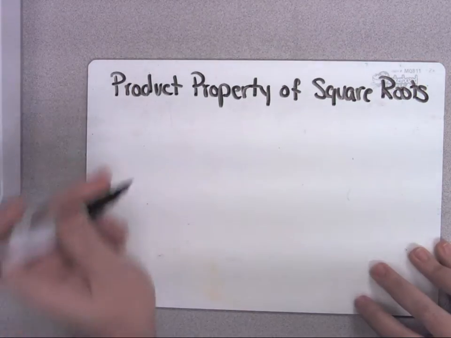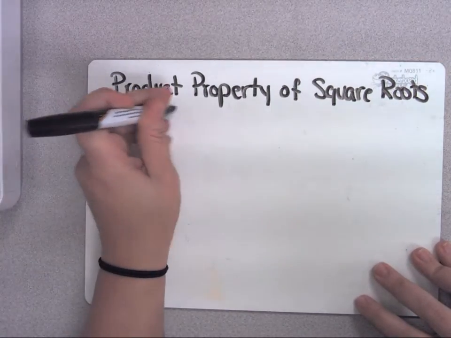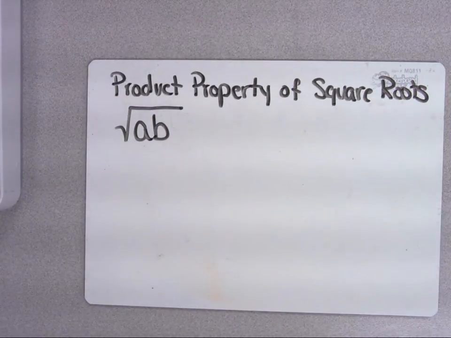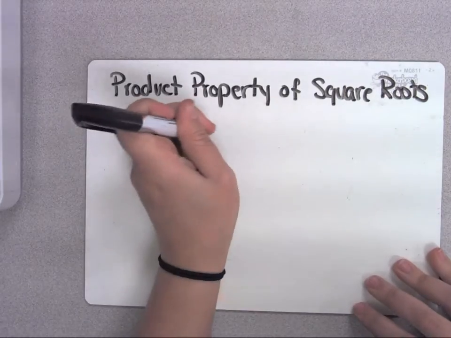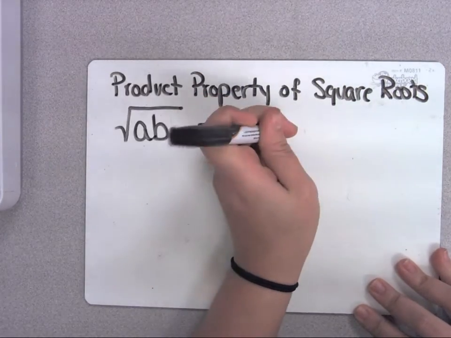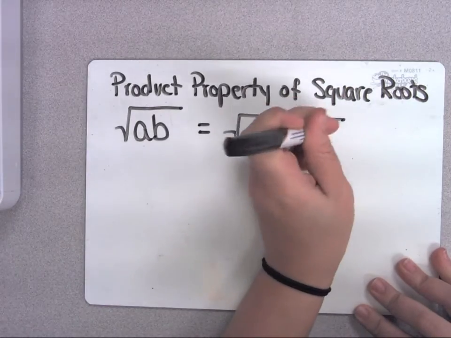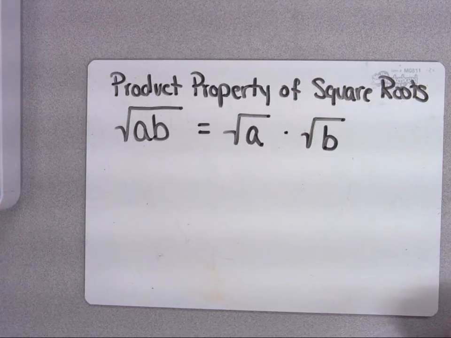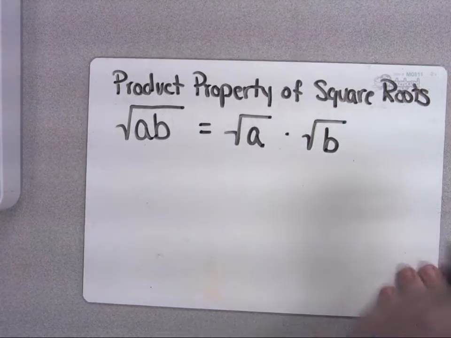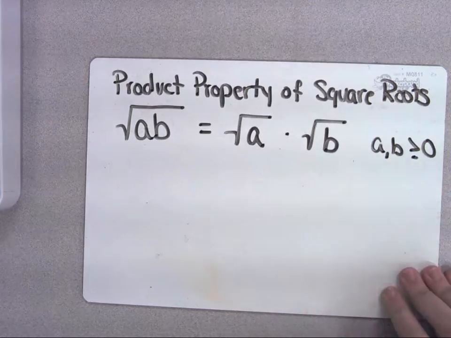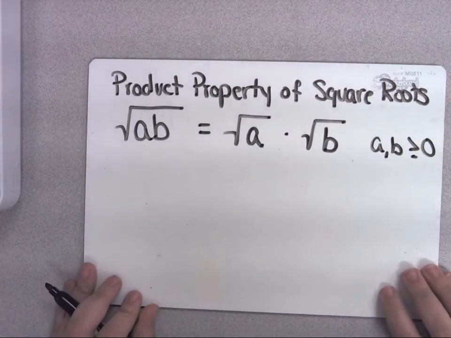What this means is if we have the square root of AB, a bigger number or two things multiplied together, we can rewrite that as the square root of A times, separately, the square root of B. So we can break a big number down into two separate ones, as long as A and B are greater than or equal to 0. So they can never be negative, basically.